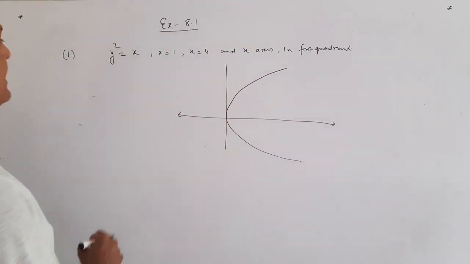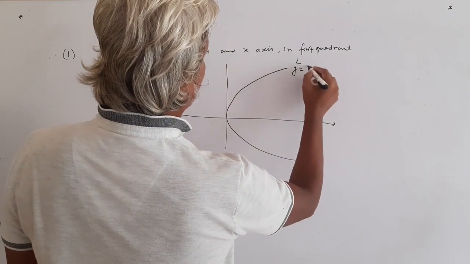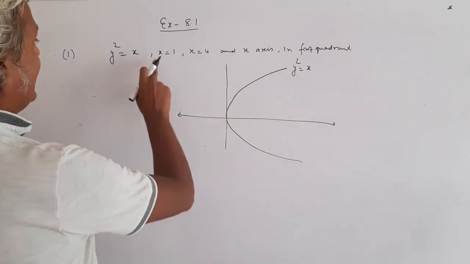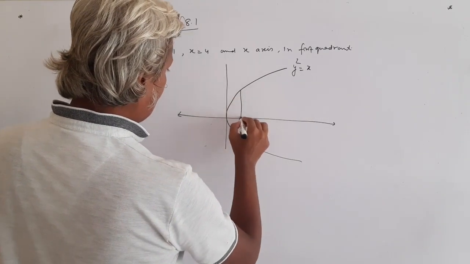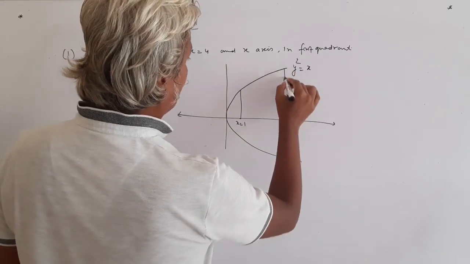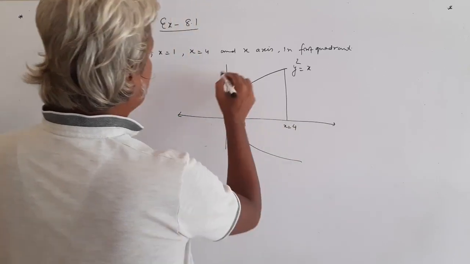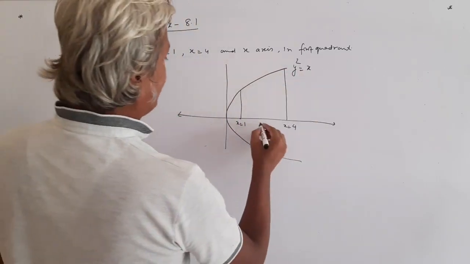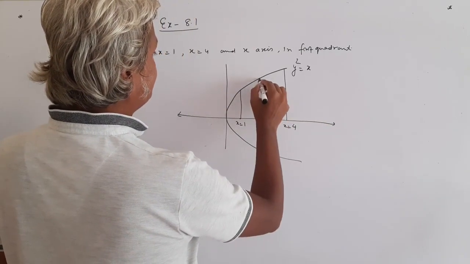So this is my parabola and the equation is y square equals x, and then x equal to 1. Suppose x is 1 here, and then x equal to 4, and this is the x-axis. So we have to find this area.